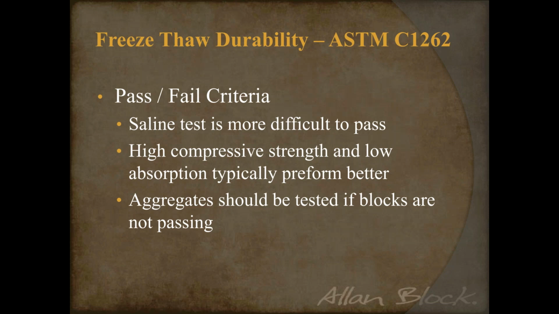But those two things together aren't necessarily going to mean you automatically pass the saline test. It's certainly most likely to pass the tap water test. But if your blocks are not passing and you've got a high strength block and a low absorption block, you should consider testing the aggregates, because the aggregates themselves could actually split and spall apart during the freeze-thaw cycles.